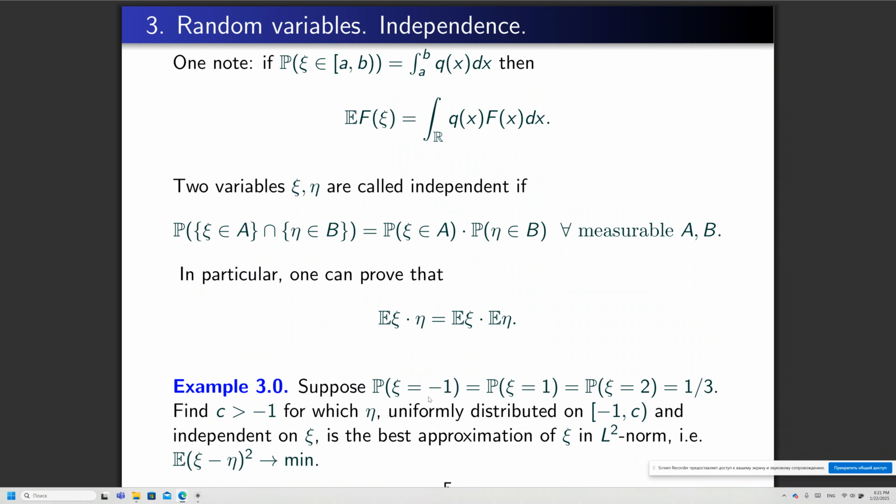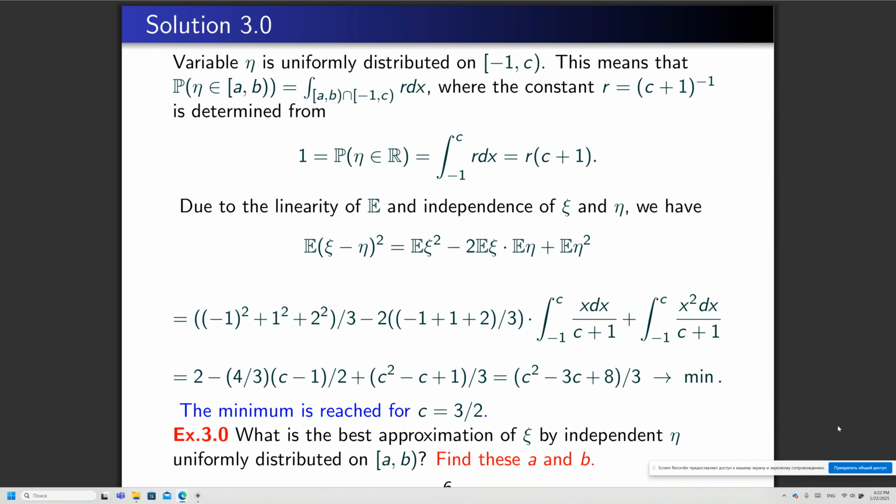This is more or less a practical example, because sometimes in some setup we cannot model discrete variables due to the physics, for example, but we can use continuously distributed random variables. And the question is how to find the best approximation of our discrete random variable by a continuous one.